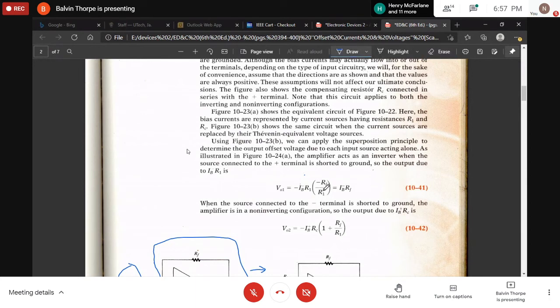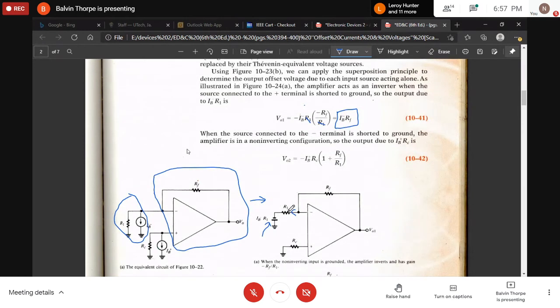So with R1 canceling, we're left with minus IB minus times minus RF, which is going to give us this. So that's our voltage due to V1, based on this network.